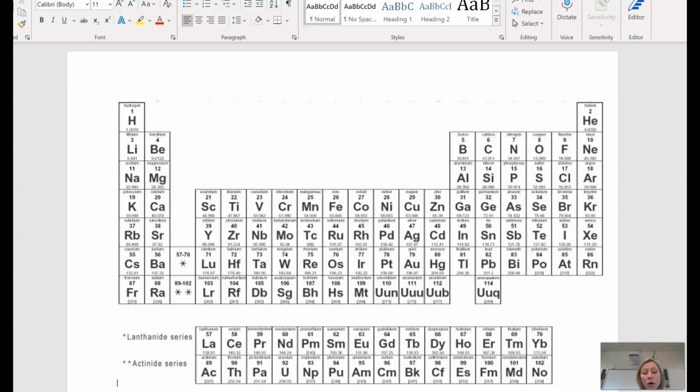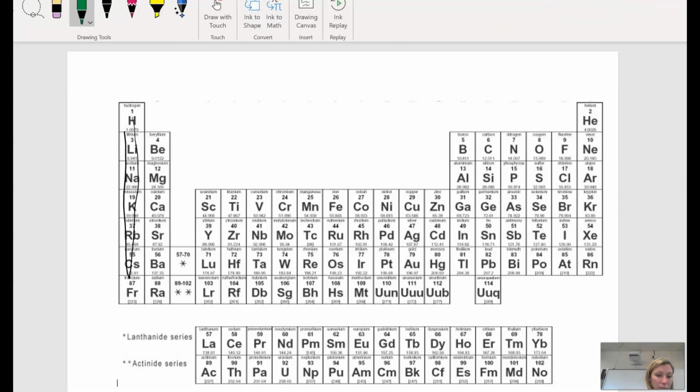organized for electrons, because ultimately this comes back to the idea that, if you remember, each column, right, up and down, each column is a family, it's a group. It has something that it's similar to. They're related in some way.